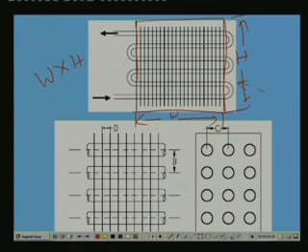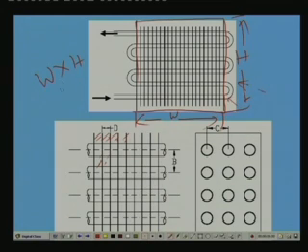Okay, but you will find from this figure that the actual area available for airflow is not equal to face area, because the actual area available, if we look at this drawing, is nothing but this. Face area consists of the area occupied by the fins as well as the area occupied by the tubes.